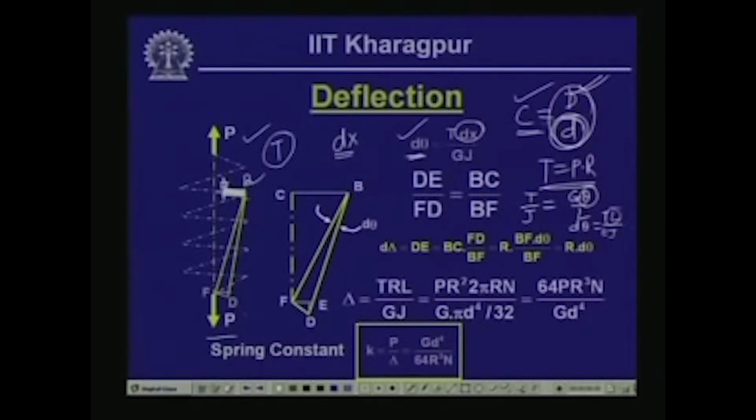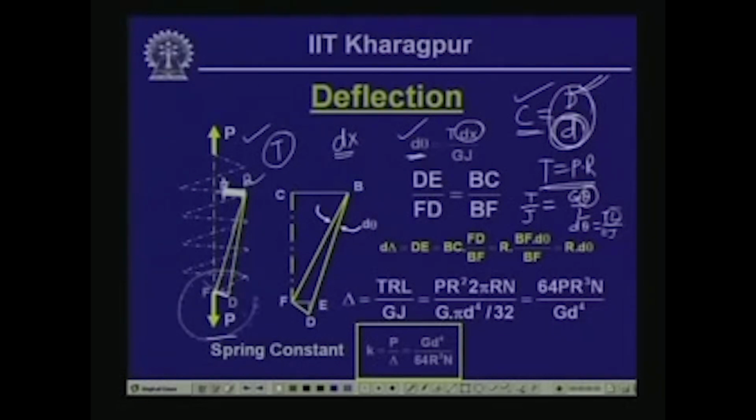Because of this rotation of segment AB, the point F of this load point will undergo a movement, and let us call this movement Fd. Basically this movement will be in an arc length, but since AB is a small segment, we consider that Fd also will be small, so that Fd is perpendicular to this length BF.